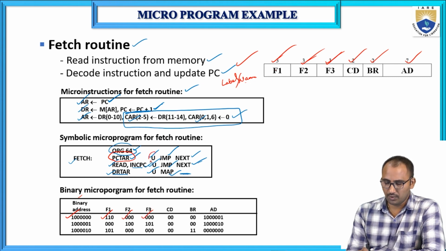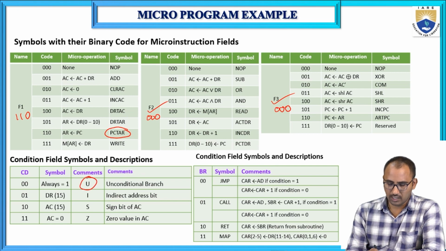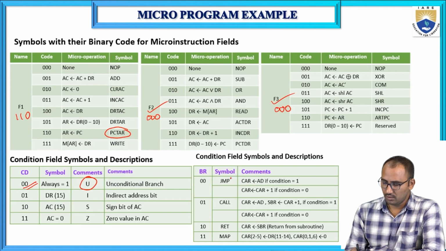What is the condition type? U, unconditional. For unconditional, the bit sequence will be 0, 0. Next, branch. What is the branch type? Jump. For jump, the bit sequence will be 0, 0.